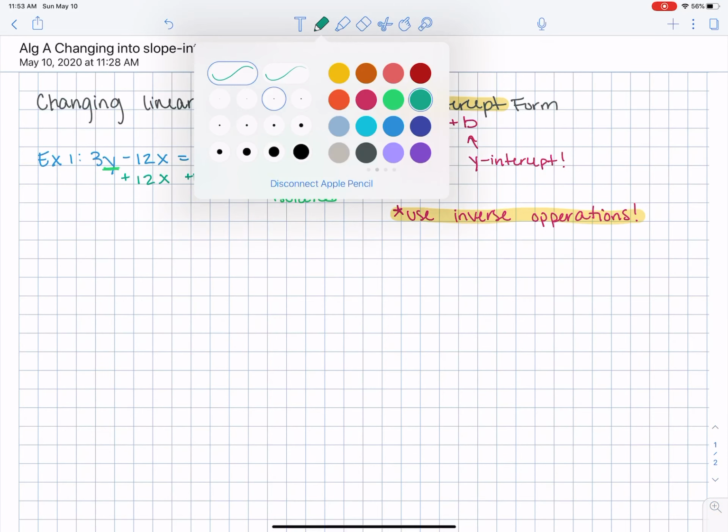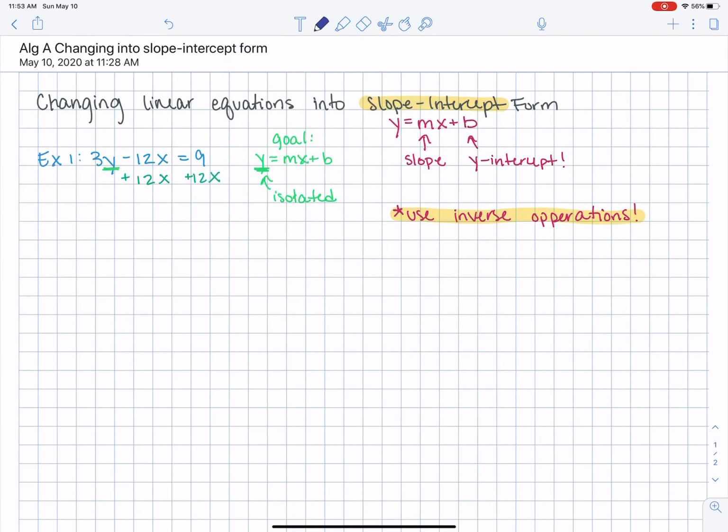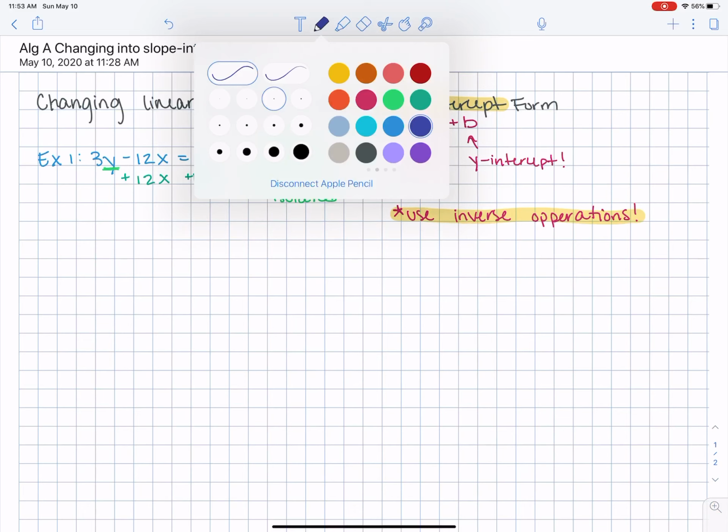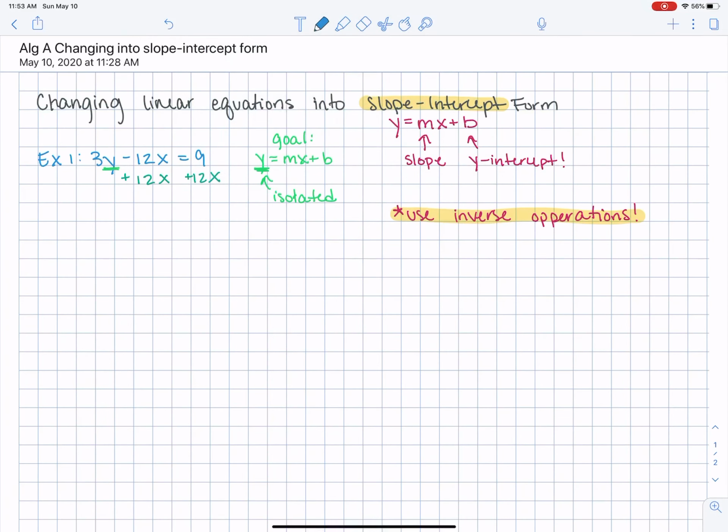Negative 12x plus 12x cancels out, leaving us simply with 3y is equal to, now I like to keep the x's in the first part of my equation, 12x plus 9.